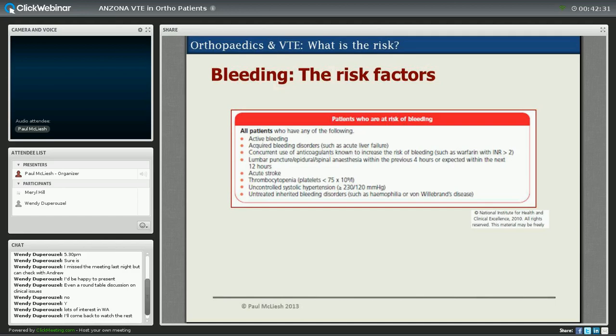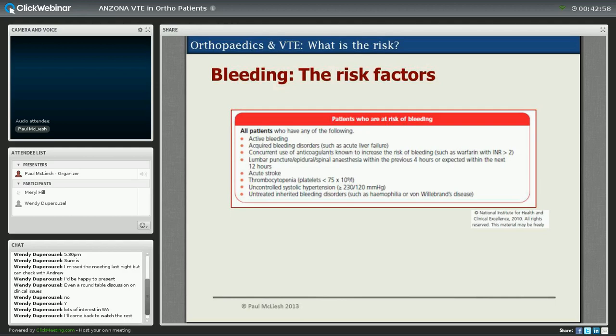So, like I said before, we've got to consider the bleeding risk as well. So we should do an assessment, and this is again from NICE in 2010. So if someone's got active bleeding or some sort of bleeding disorder, or even something like acute liver failure, if they're using anticoagulants for something else, if they've had a lumbar puncture or epidural or spinal anaesthetic, that's a risk as well.